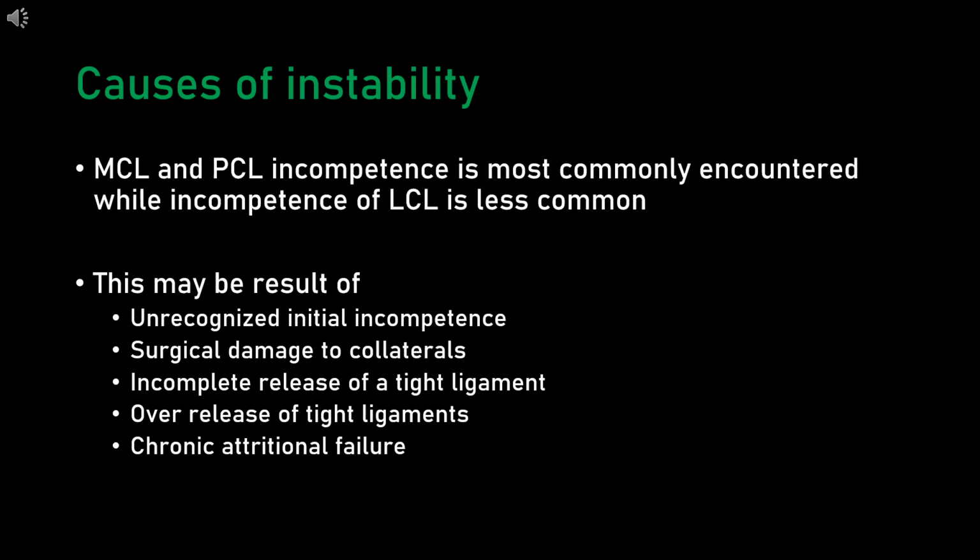MCL and PCL incompetence is most commonly encountered, while incompetence of the LCL is less common. This may be the result of unrecognized initial incompetence, surgical damage to the collaterals, incomplete release of the tight ligament, over release of the tight ligaments, or a chronic attritional failure.